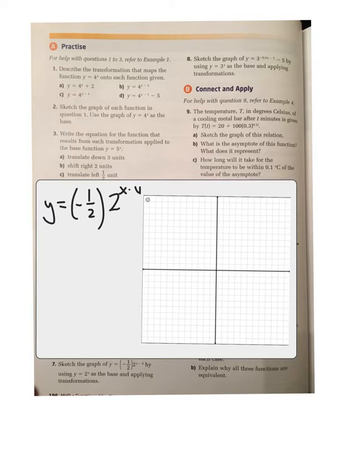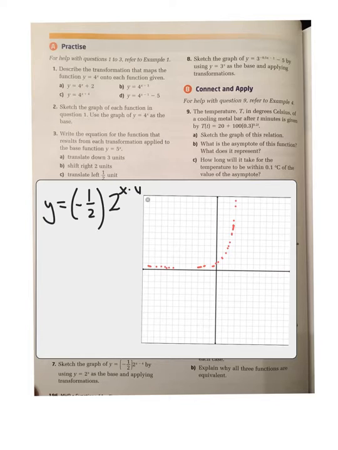Okay, so we know the original graph of 2 to the x would go through (0, 1), (1, 2), (2, 4), and (3, 8) up there. And then it would asymptote down, so I'll do a little dotted line here, and it goes all the way like that.